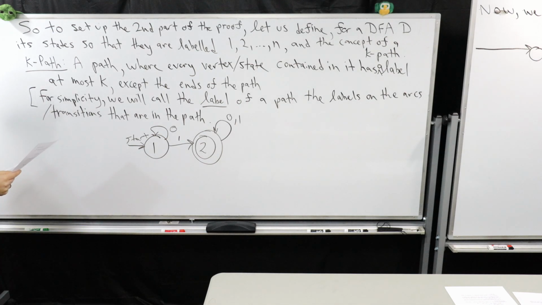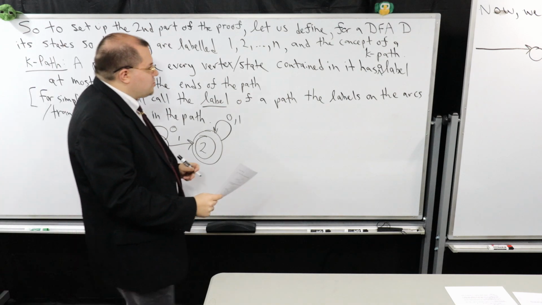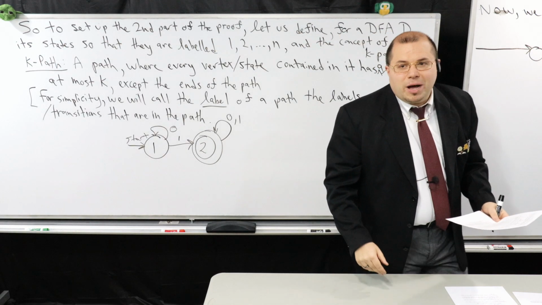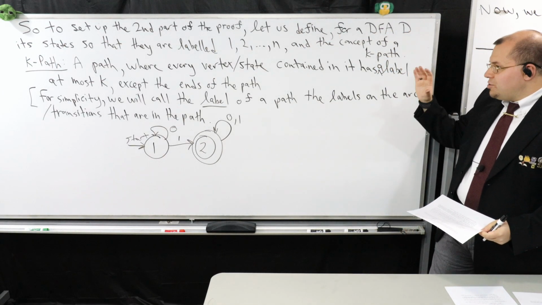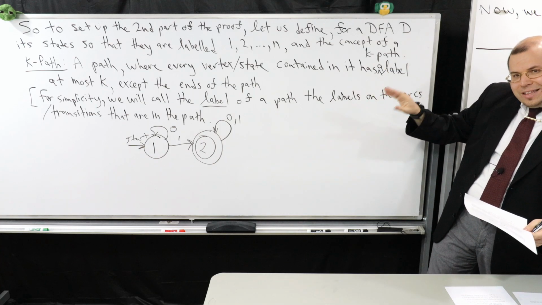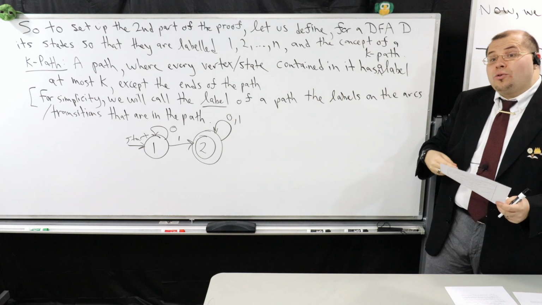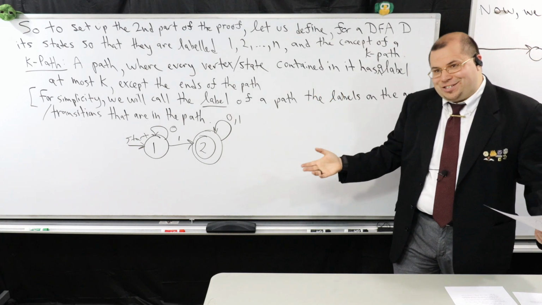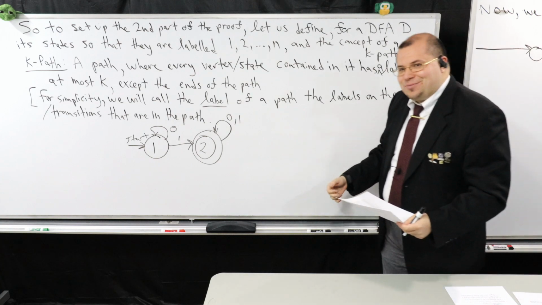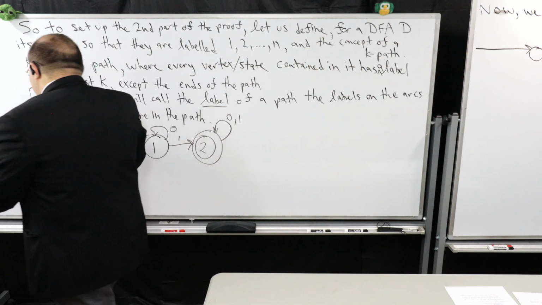So the big thing is that we can use k-paths to help us describe strings that are accepted by the DFA. So we're going to use this idea, and then I'm hoping that I can convince you that a very specific kind of k-path will actually correspond to the regular expression for the DFA. That's what I'm going to try to convince you of.